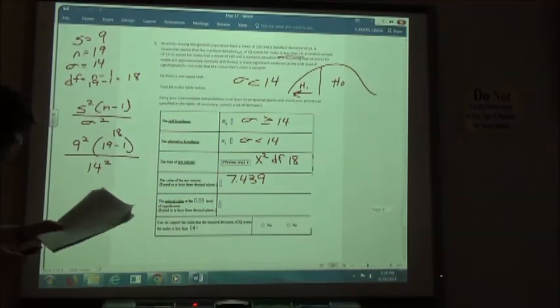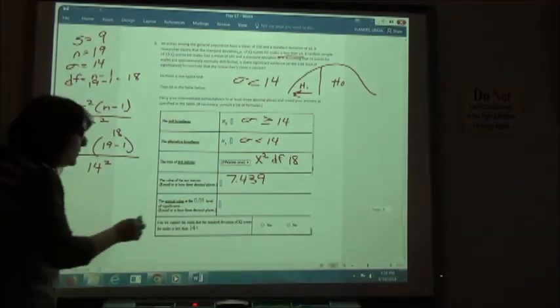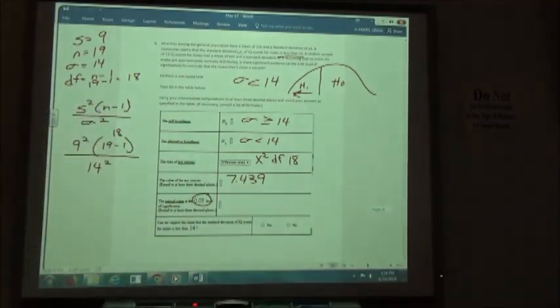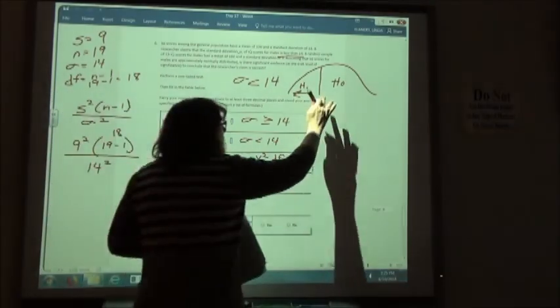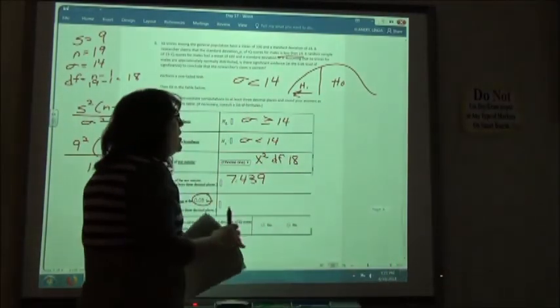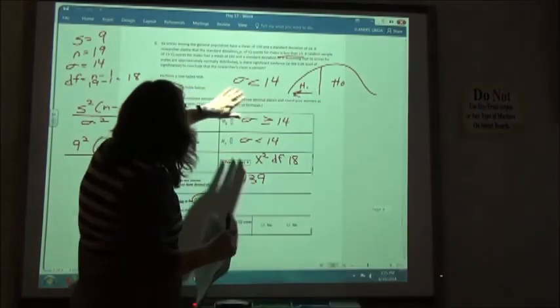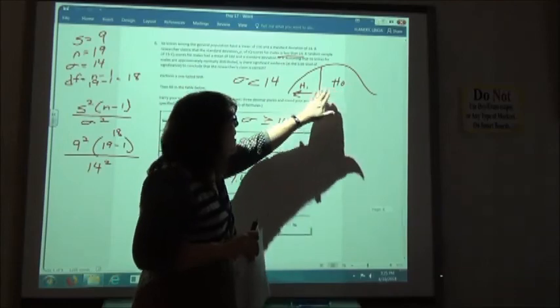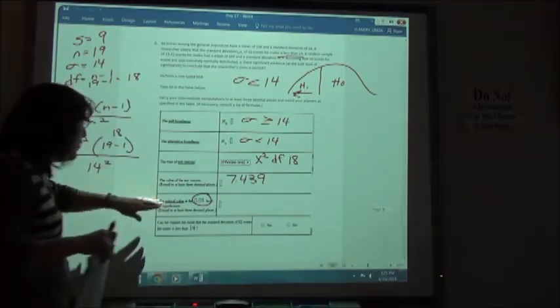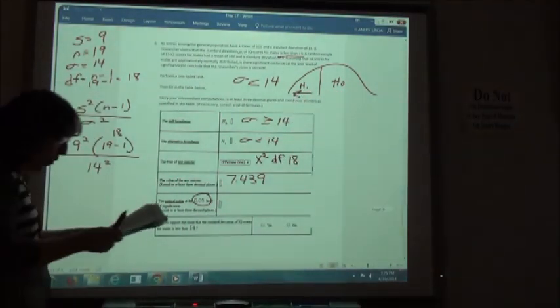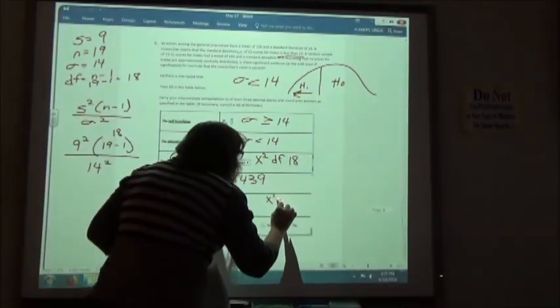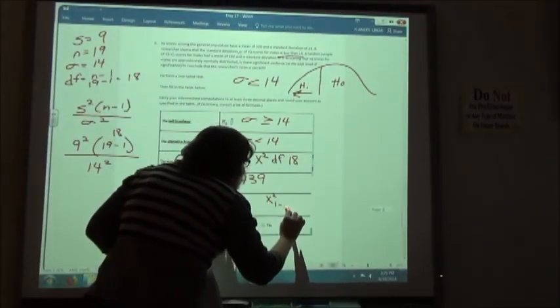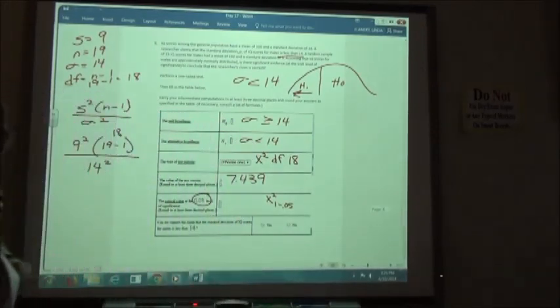So, we are doing a left-tailed test, and we're finding the critical value. The 5% would be this section, and we want this section. When we do the critical value for this one, we are going to do the chi-squared, and we're going to do 1 minus that critical value.